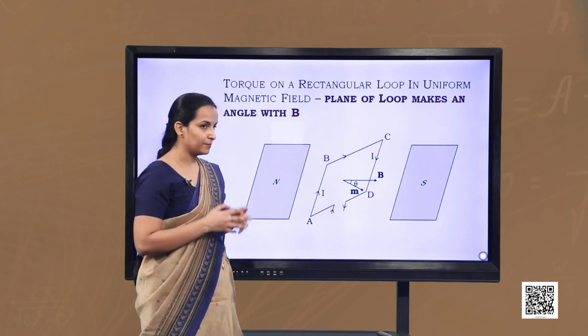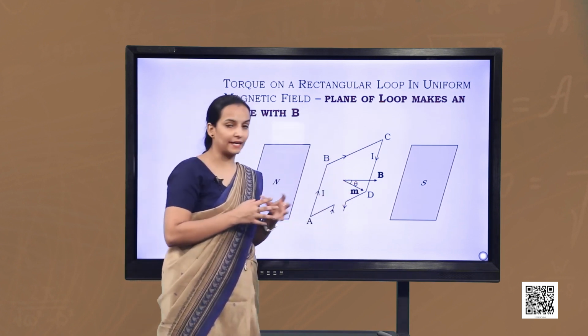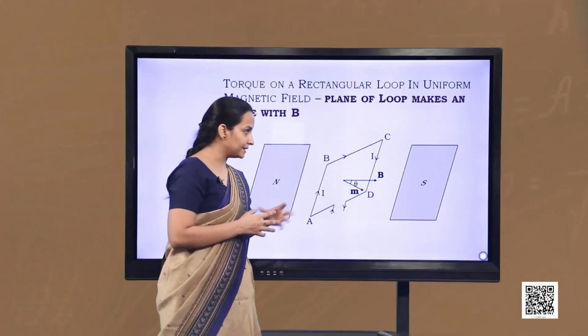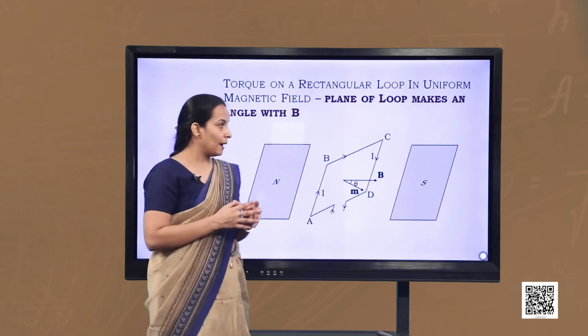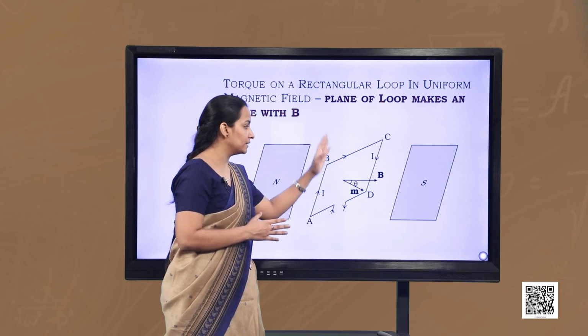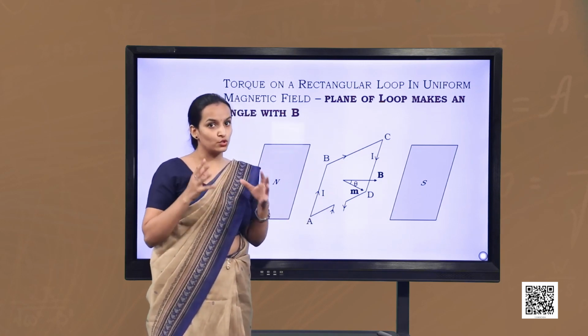Here in the diagram, we can see that the plane of the loop is making angle theta with the magnetic field. On the arms BC and AD, the forces are equal and opposite. But because they are on the same axis, they are collinear forces, so there is no torque.